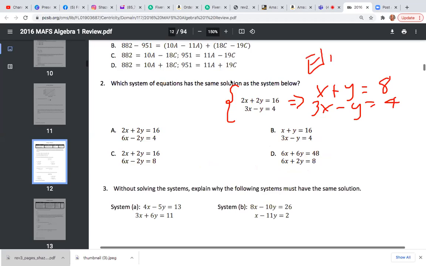Okay, elimination: you have to choose a variable to eliminate. Whichever variable you choose, the numbers in front of that variable must be the same and the signs opposite. So look at this system right here. Which variable, x or y, has the same coefficient with opposite signs?